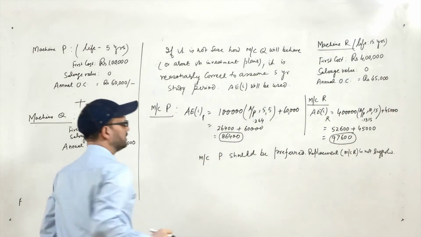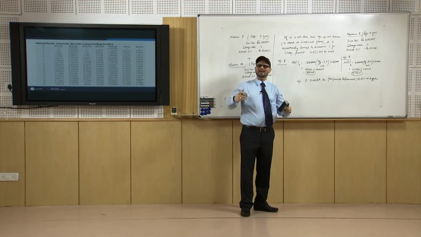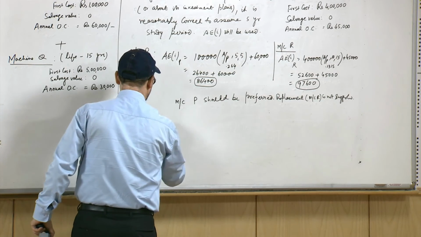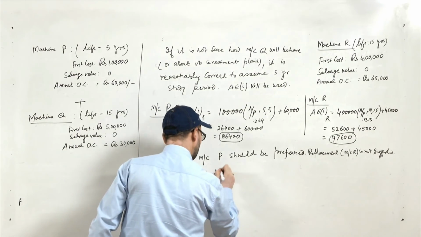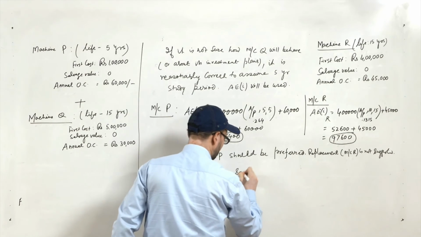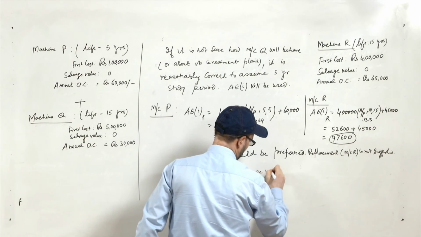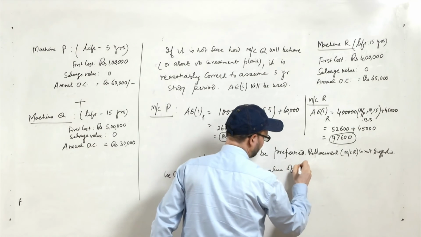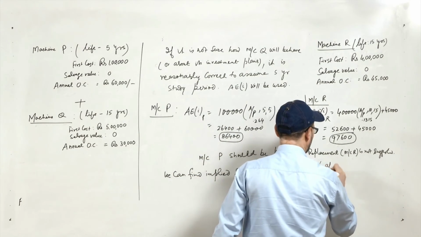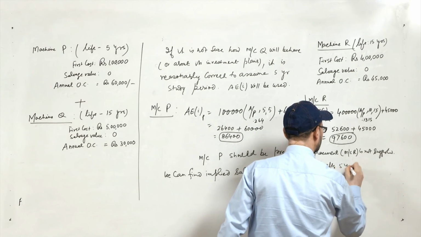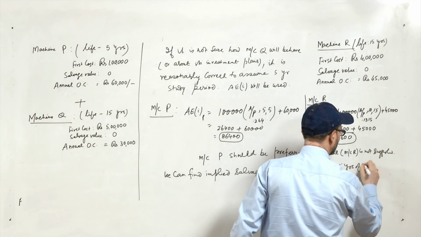We can find in this case also the implied salvage value of machine R after 5 years of its service.